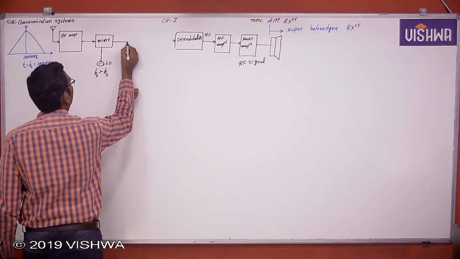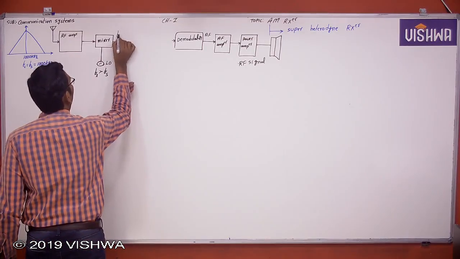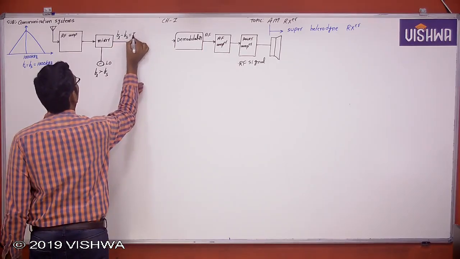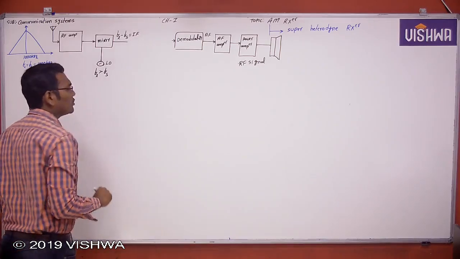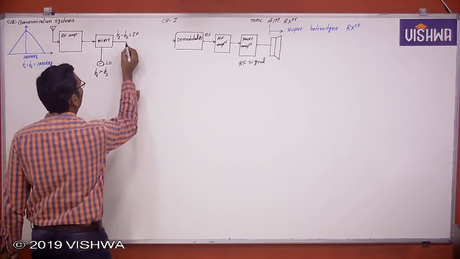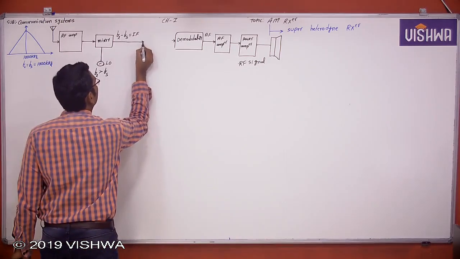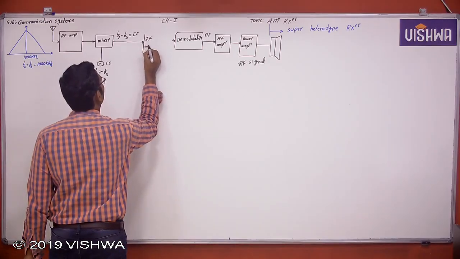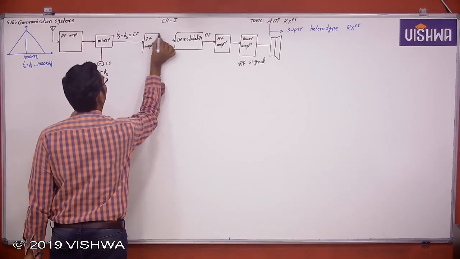Now this mixer output, FL minus FS, is down converted to IF. So this is the intermediate frequency, and this is the IF amplifier.